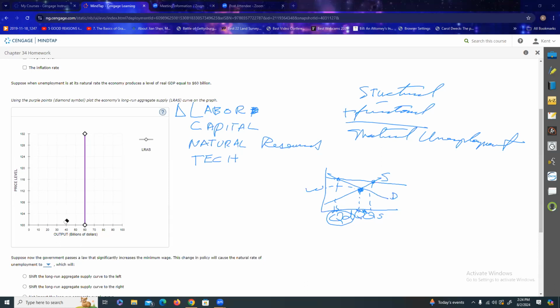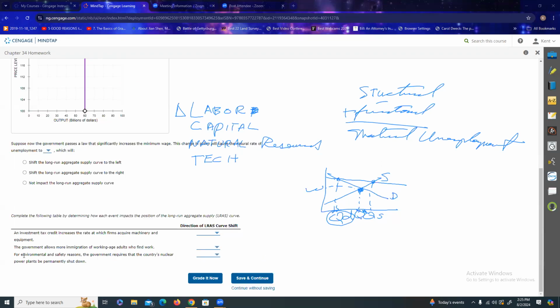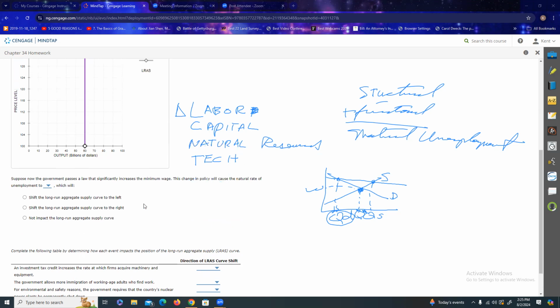All right. Now when we scroll down here, it says complete the following table by determining how each event impacts the position of the long run aggregate supply curve. Which direction will it shift, right or left?